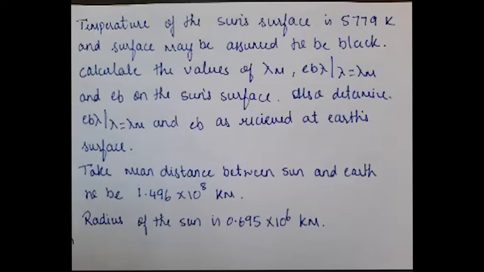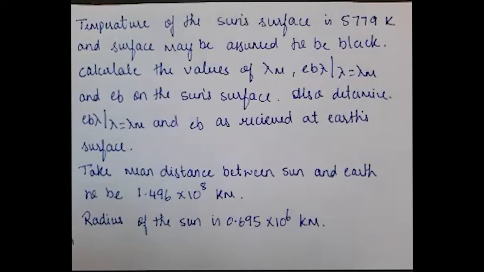Also determine EB lambda where lambda is equal to lambda m, and EB as received at Earth's surface. Take mean distance between Sun and Earth to be 1.496 into 10 raised to 8 kilometers. Radius of the Sun is 0.695 into 10 raised to 6 kilometers.